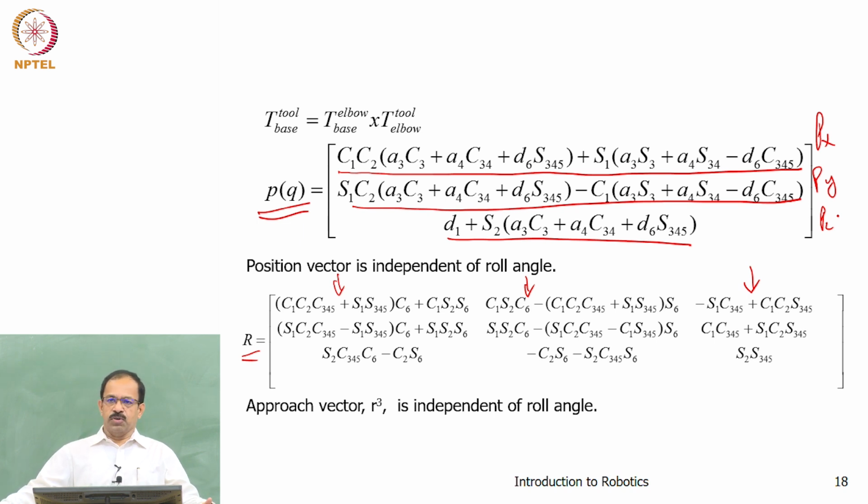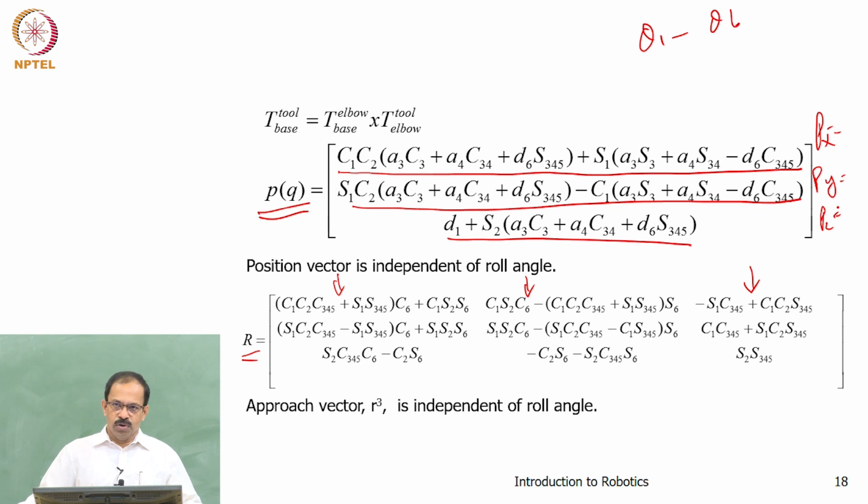Again, you can cross check your formulation, because you have theta 1 to theta 6 identified for the home position. Substitute the values of theta 1 to theta 6, in this case only theta 5, in this matrix to get Px, Py, Pz, and check whether you are getting it correctly.